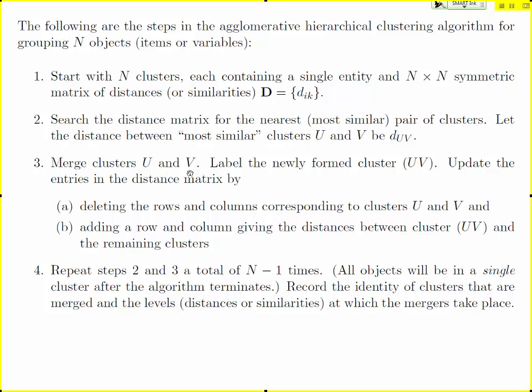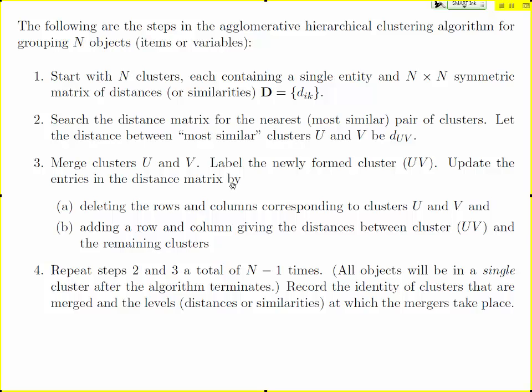Then we merge U and V. So step one of the algorithm was to go find which pair is most similar out of all pairs. Pick those up, put them together. They are now a, quote, cluster. Everybody else is still their own cluster, but now we have this new cluster composed of two individuals.